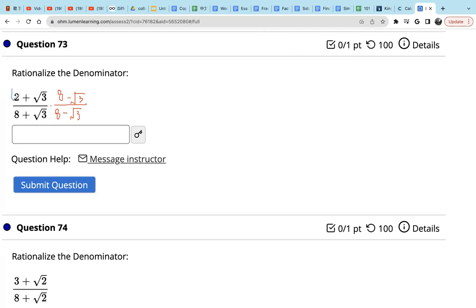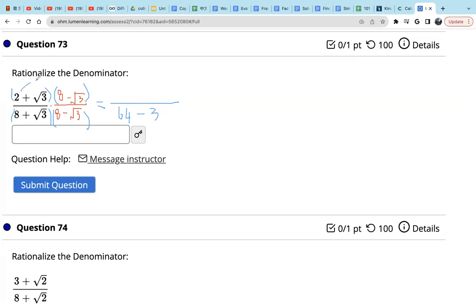So we put the parentheses around to indicate these two terms multiply these two terms, and these two terms multiply these two terms. People call it double distribution or FOIL. So the denominator gives us a squared minus b squared, which is 8 squared. 8 squared is 64. Minus the radical 3 squared, which is just 3.